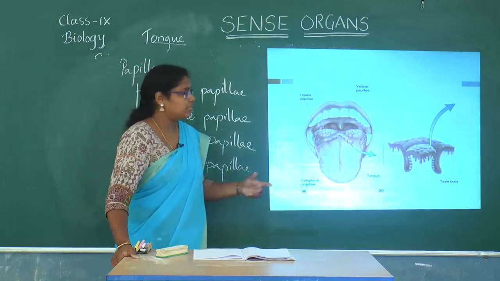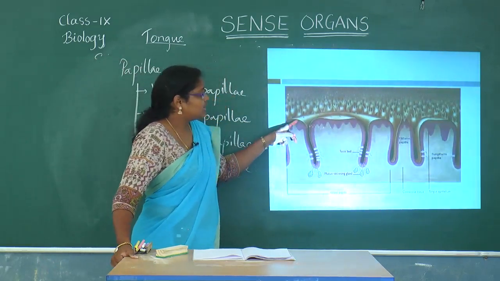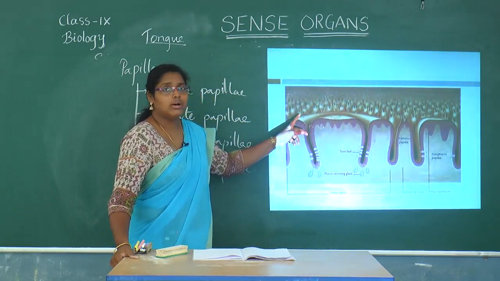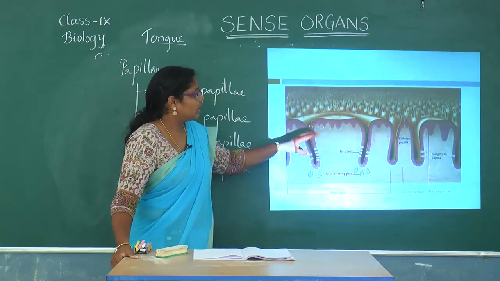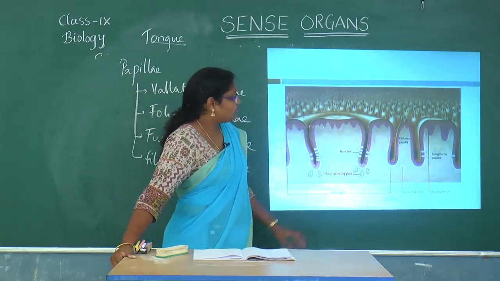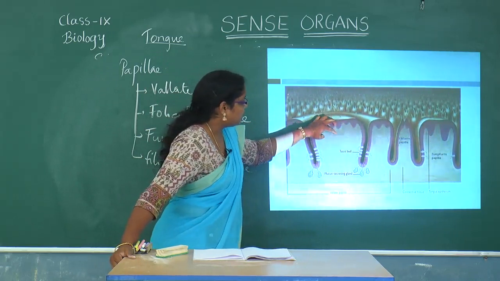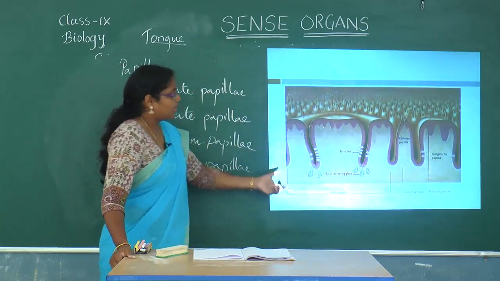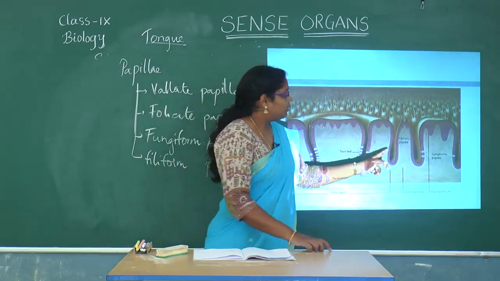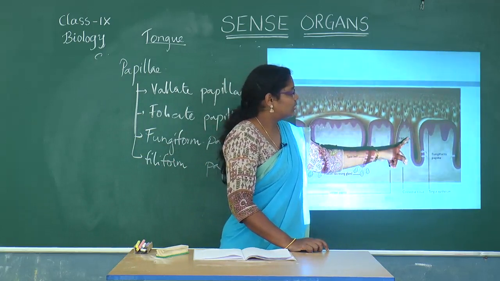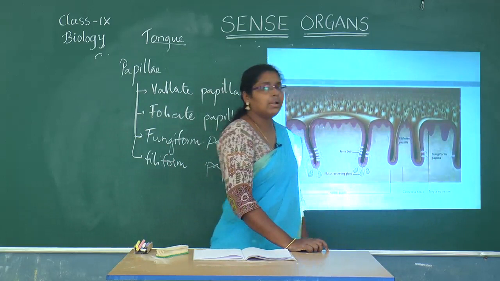As discussed, the outgrowths on the tongue are called papillae. These papillae, if you see here, are bigger in size. These are vallate papillae. The filiform papillae are flake-like structures.